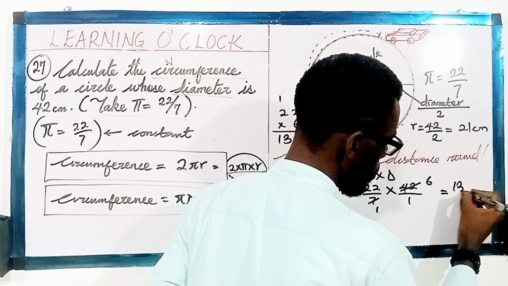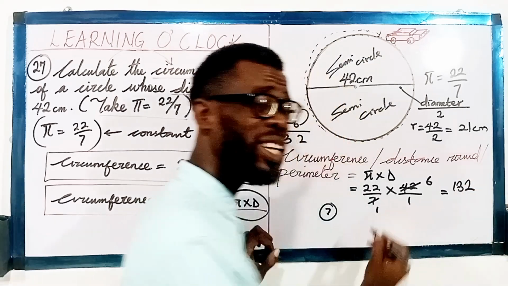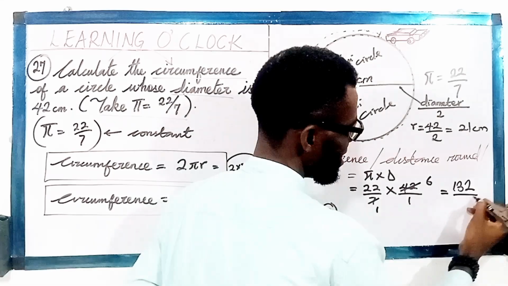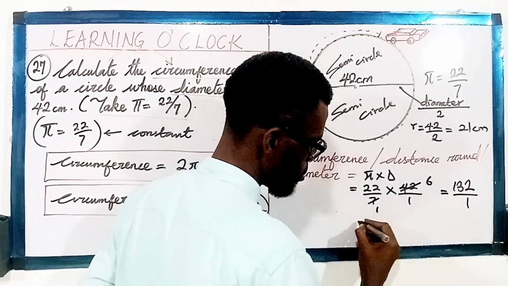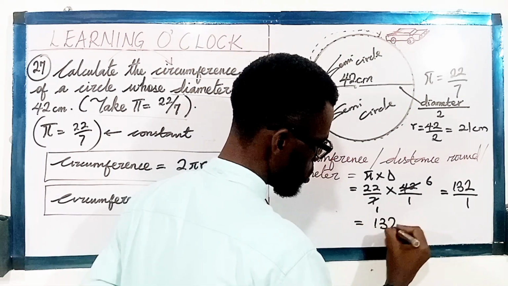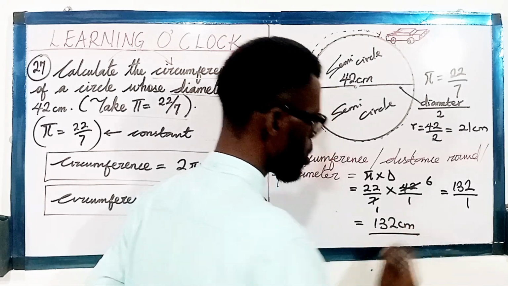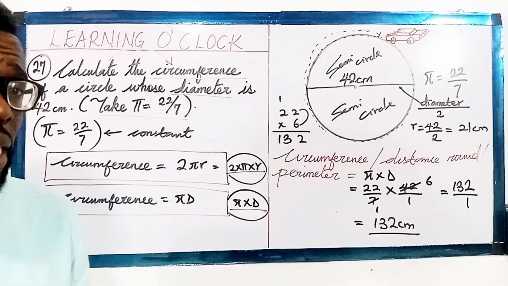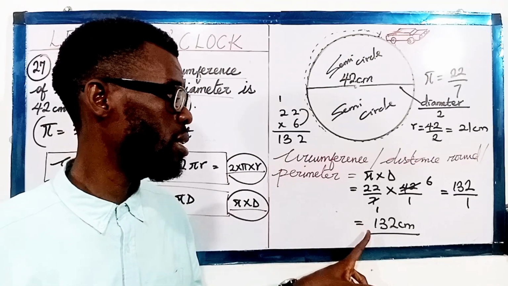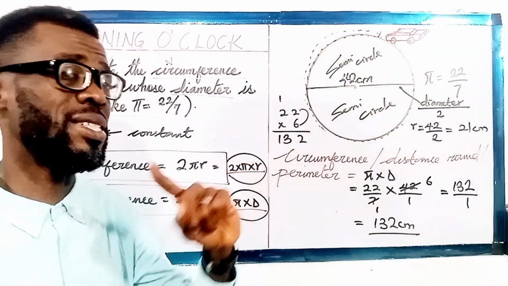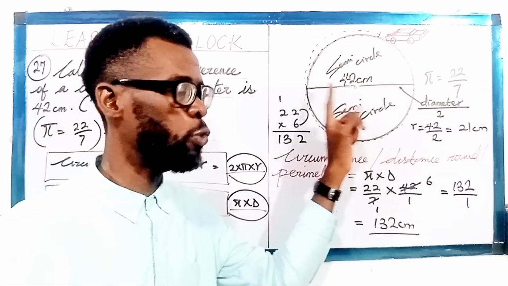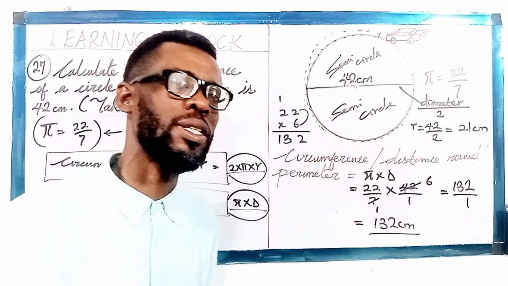So we have 132. 1 times 1 is 1, and anything divided by 1 is itself, so 132 centimeters. That is the circumference of this circle that has a diameter of 42 centimeters.